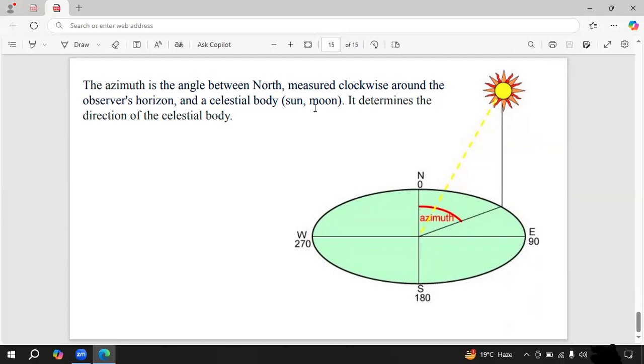That could be the sun, that could be the moon. It determines the direction of that celestial body basically. So this is your azimuth angle. The angle originates from the north pole, the reference pole, and for the distance, it begins with the origin point.